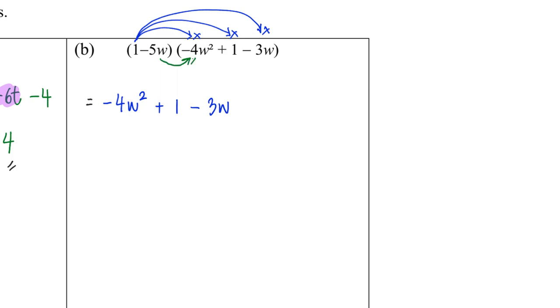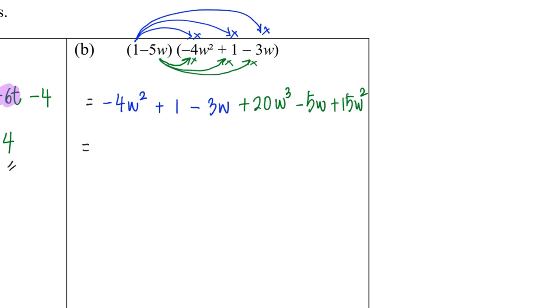Negative times negative will give me positive. Here is 20w cubed. Negative times positive will give me negative. Negative times negative will give me positive. In this case, 15w squared.